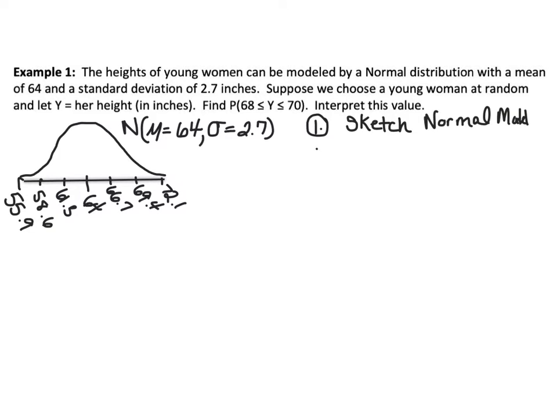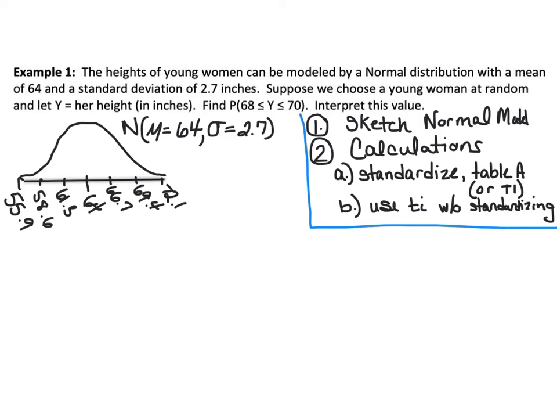Next in our good practice would be, of course, to show our calculations. There are really two ways I've taught you to do this. The first, method A, would be to standardize and then use Table A, or you could use your TI calculator. When I say standardize, that means you're finding a z-score.